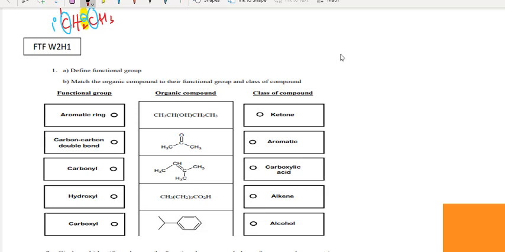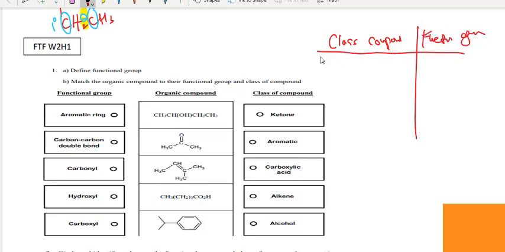Make short notes, for example, make a table: class of compound, functional group. For example, the class of compound is alkene if the compound contains the functional group, what? C double bond C.